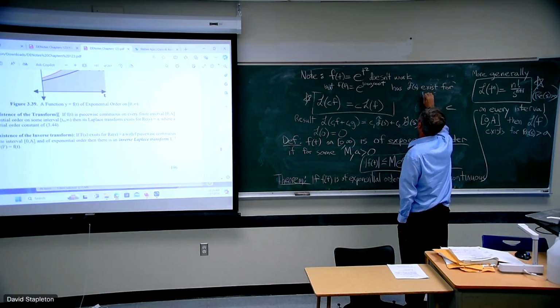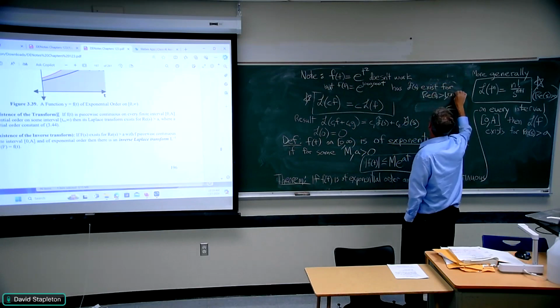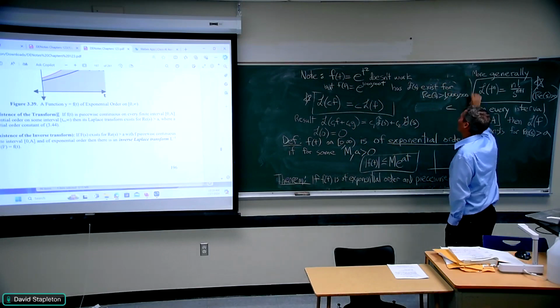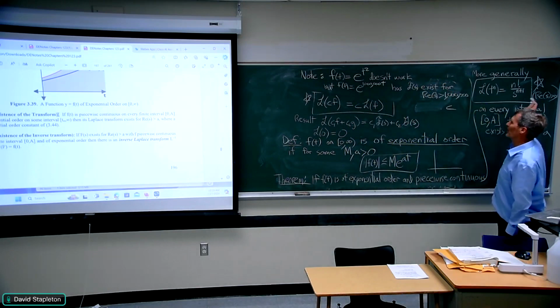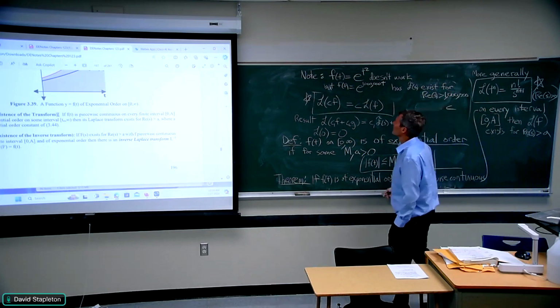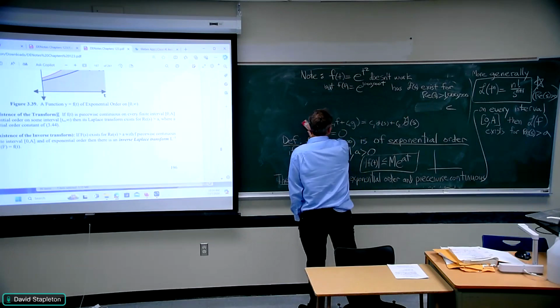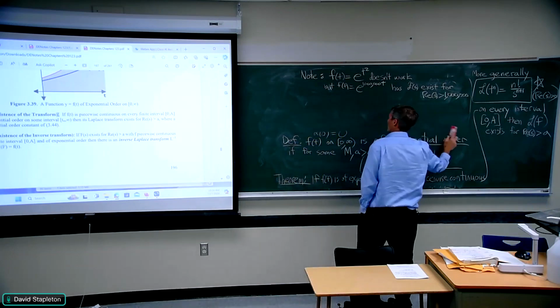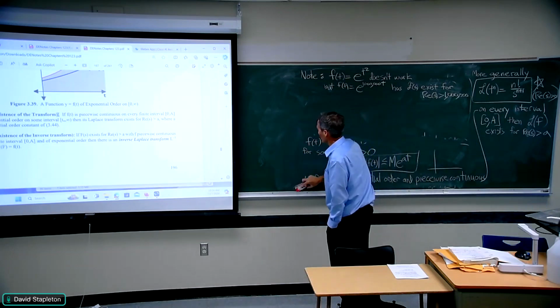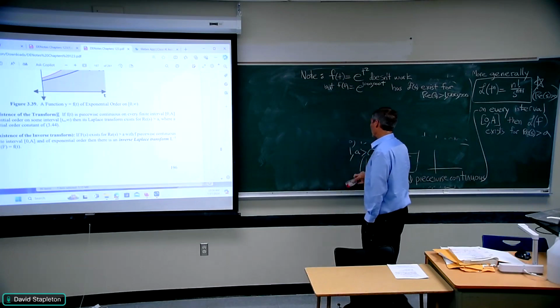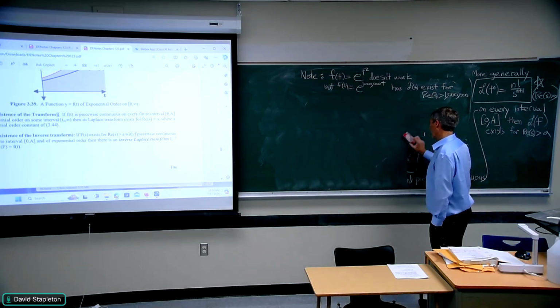At least for the real part of s greater than 1,000,000, right? And that's good enough. It's still a half plane. So that tells you you can use this for anything that doesn't grow too fast and has at most a finite number of jump discontinuities on any finite interval.